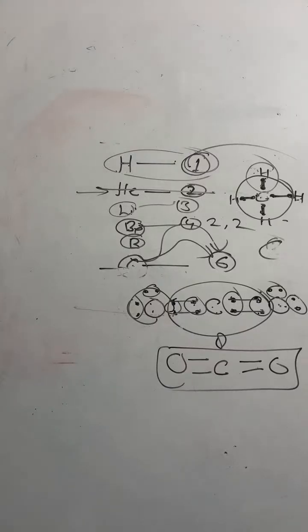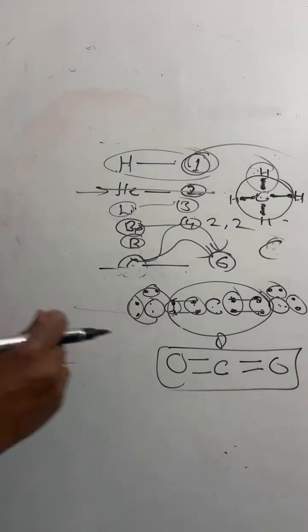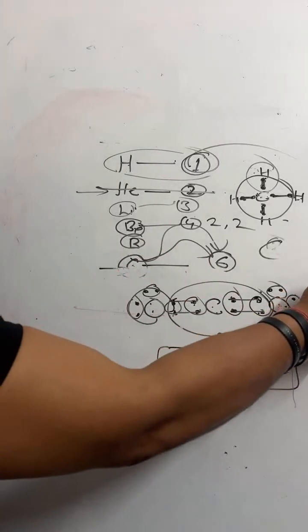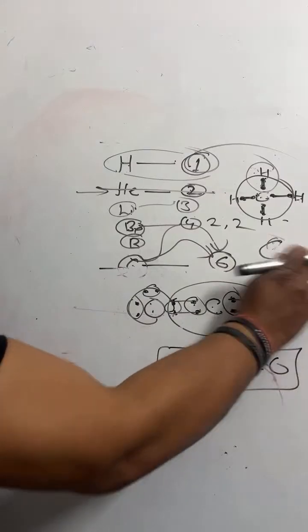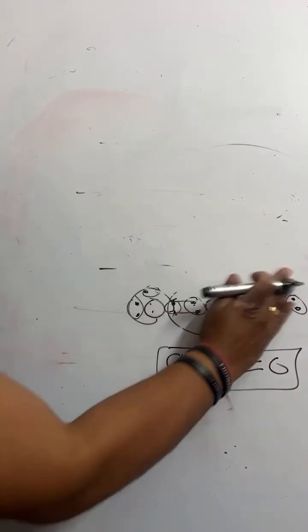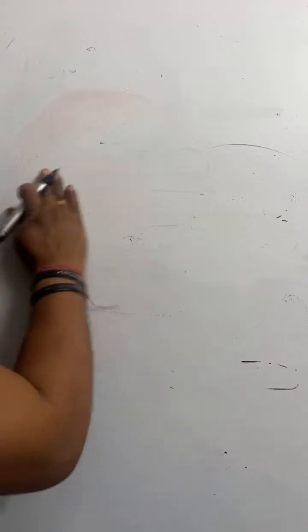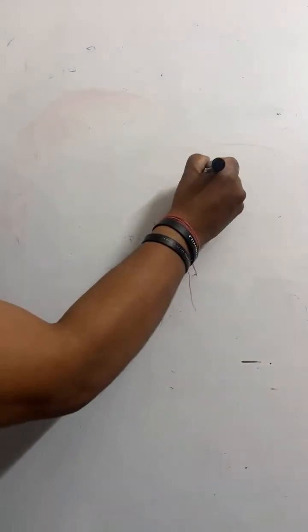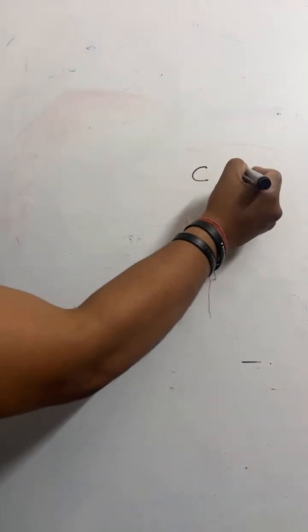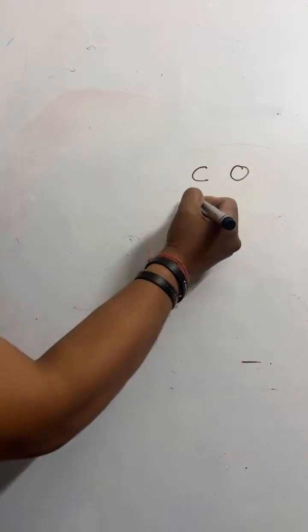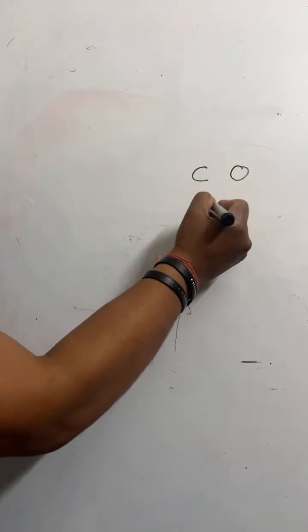Now, some other elements in this carbon. Suppose this is the carbon. This is oxygen and one more hydrogen. Carbon, hydrogen and oxygen. These are added.